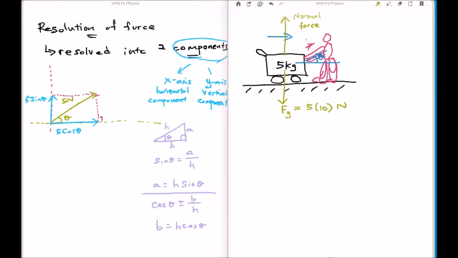I need to know, let's say I'm pulling it at 35 Newton. What's my vertical component? I'm going to put it into this triangle diagram. This is theta. This is to the right, 35 Newton.